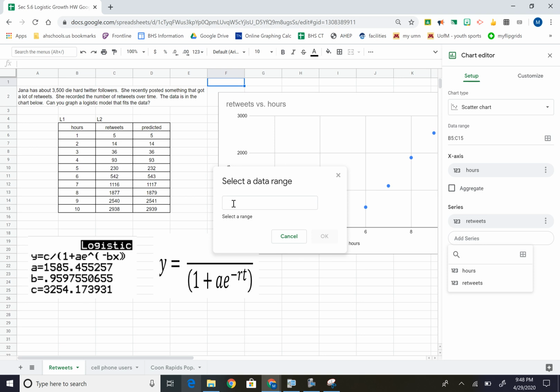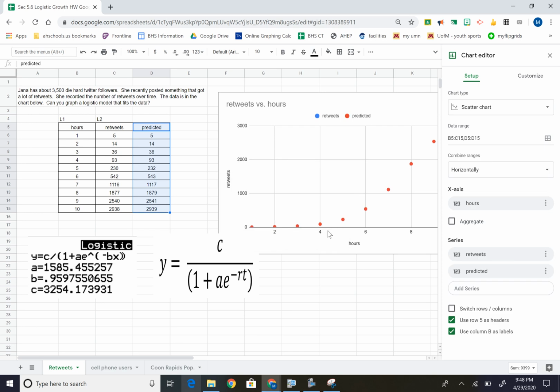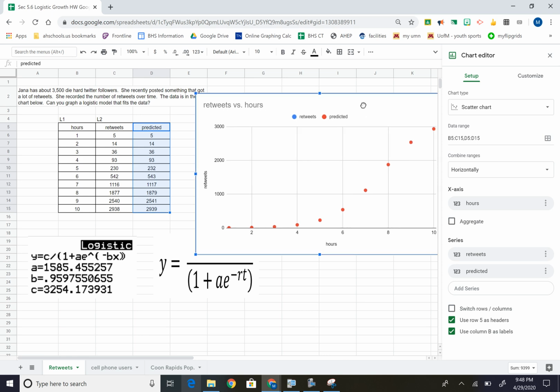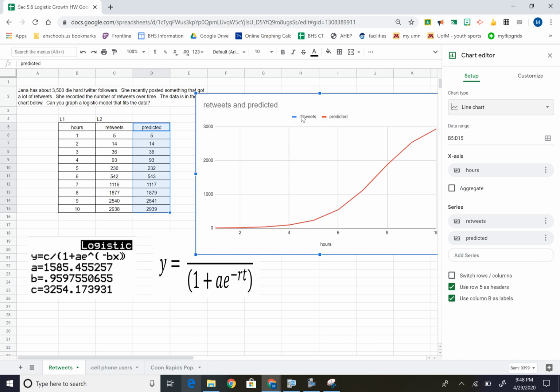And what we're going to want to add is these predicted values to our graph. So now I'm going to hit OK. And right now, because they're both a scatter plot, and these points are so close, you can see that they're basically on top of each other. But if we pick a line graph, same thing. You can't even see the blue in the predicted because it's basically equal, right?